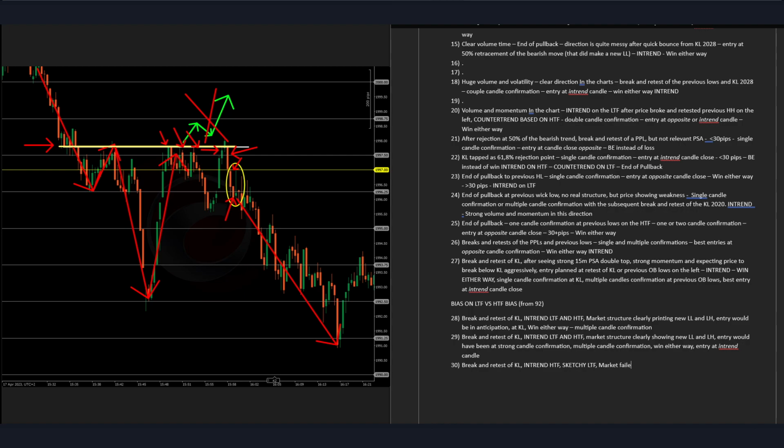Market failed to make a new high above previous PSA, not relevant. Entry confirmation when strong candle closes below key level again, and that's also after the 10 a.m. candle.